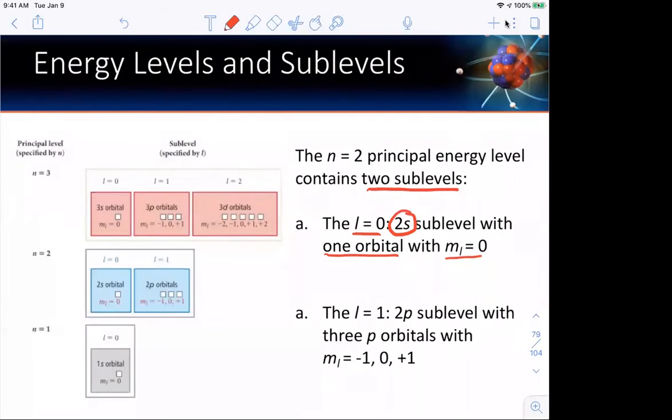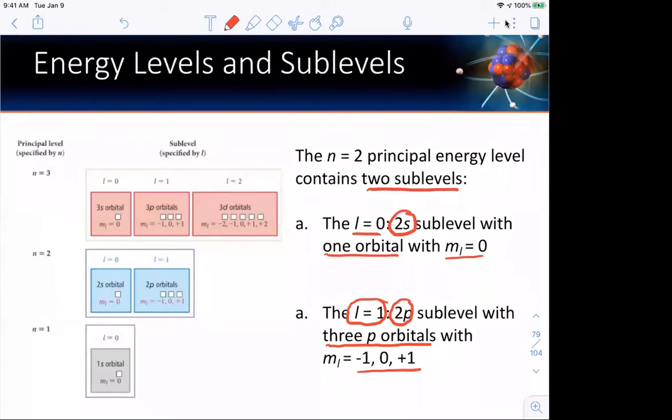And my m sub l has to be 0. When I go up in that second shell, now I have l equals 1 orbitals available. That's the 2p sublevel. I have 3 p orbitals. And again, now I have 3 different possibilities of the m sub l's.